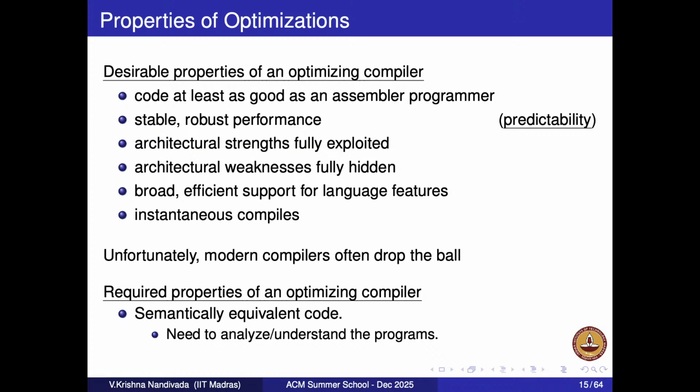There are times when you have a floating point operation, and you say, okay, it's okay if I don't get full precision. I can tolerate some amount of loss of precision. It depends on the application also.